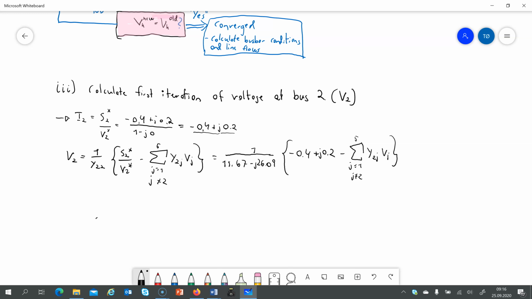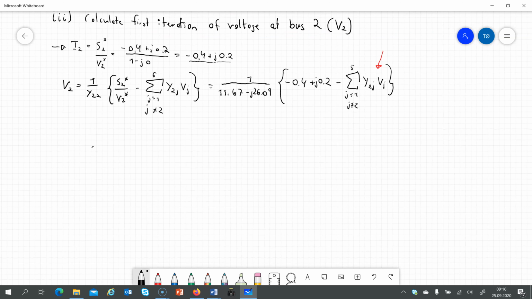So we now need to calculate this to get a new value. So let's do that, down here.